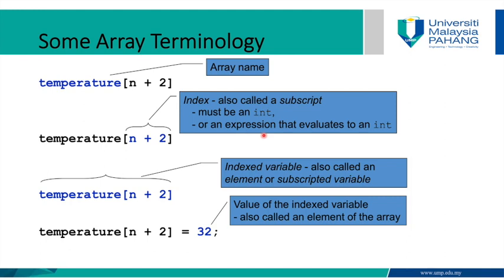So when it says index n plus 2, that means you have to initialize the value of n. Here we are trying to access the value in the array location n plus 2. The index, also called a subscript, must be an integer or an expression that evaluates to an integer. And then the indexed variable, also called an element or subscripted variable, and the value of the indexed variable is also called the element of the array.